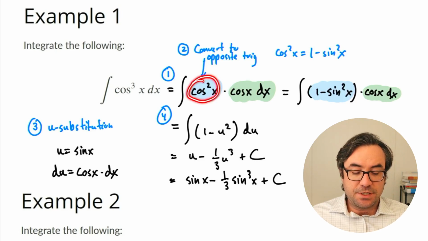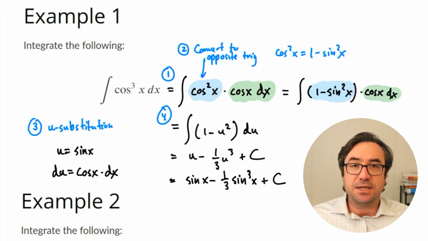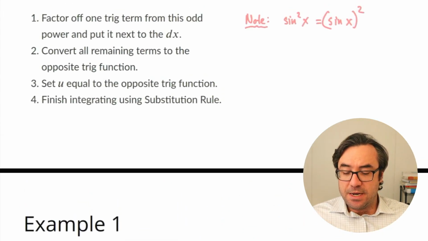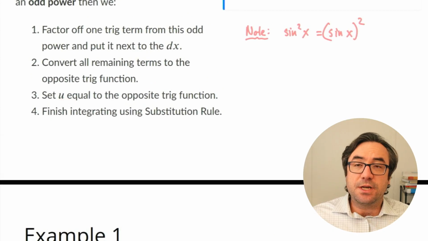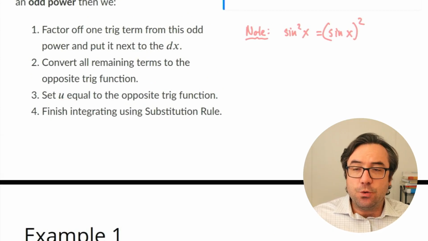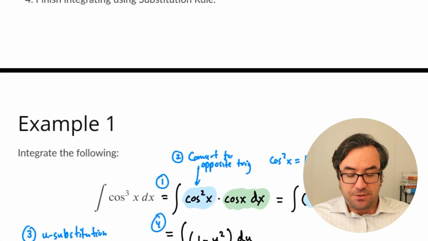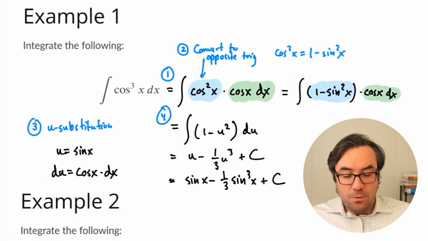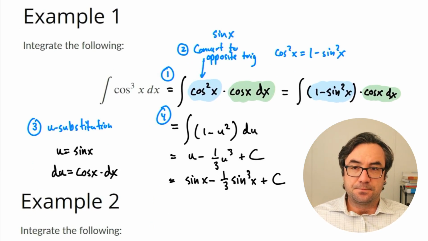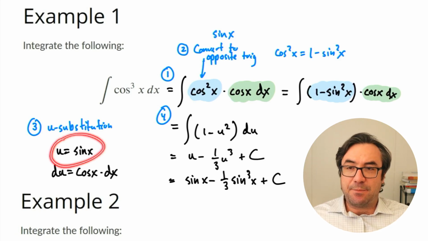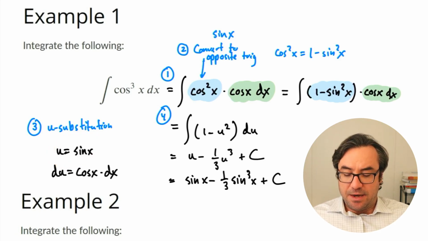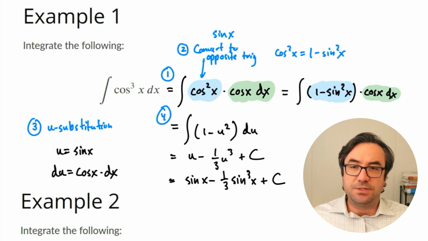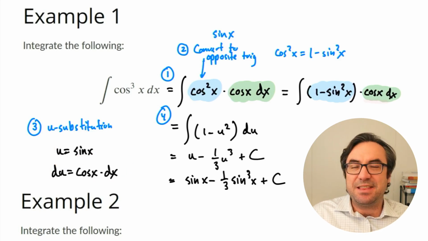So we went from cosine squared to 1 minus sine squared. And then for step 3, we start a u substitution. We want u equal to the opposite trig function, which in our case was sine x. The reason it's going to work is because we were saving the cosine for our differential.